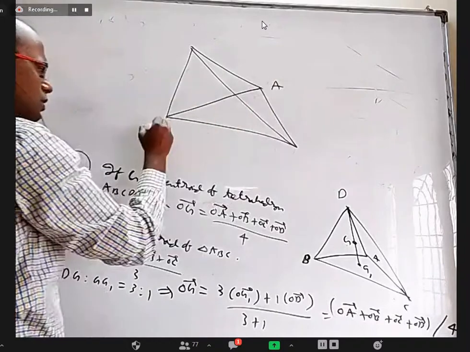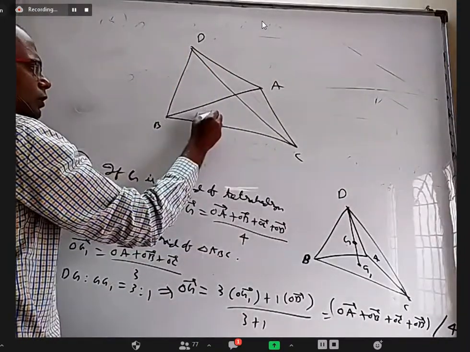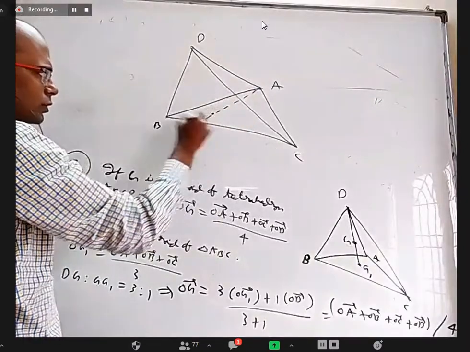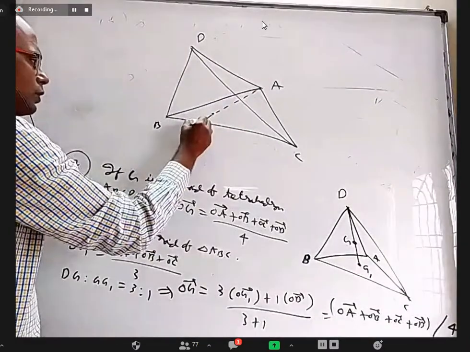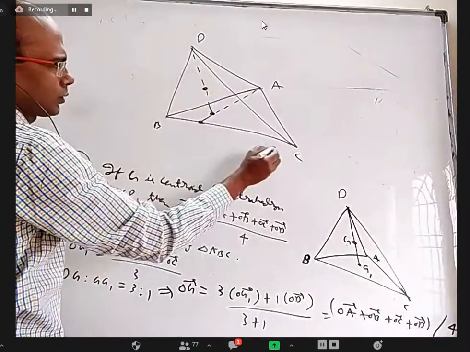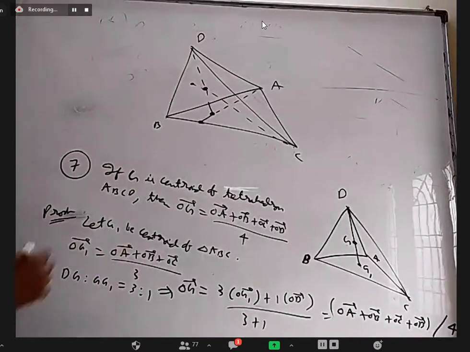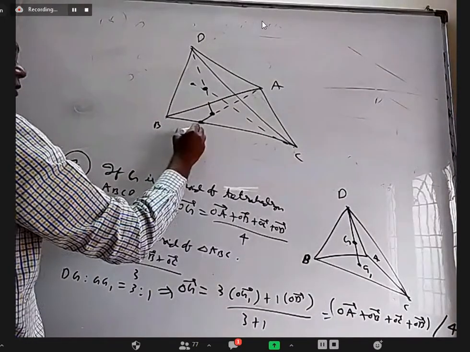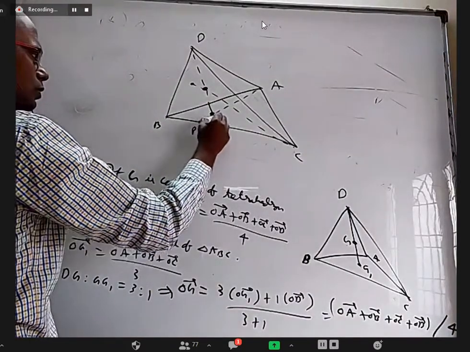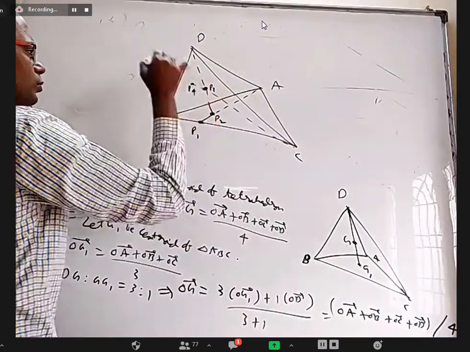Okay, this is A, B, C, and D. I can take a point like this here, and then here, and then a point here, and join this. This is better. This I'll call P1, this is P2, this is P3, and this is P4.